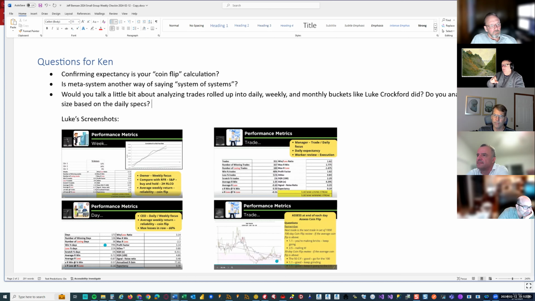He rolls it up into daily, weekly, and monthly buckets, and tracks that as a portfolio equity assessment, which lets you look at it from a higher level, a little more simply.